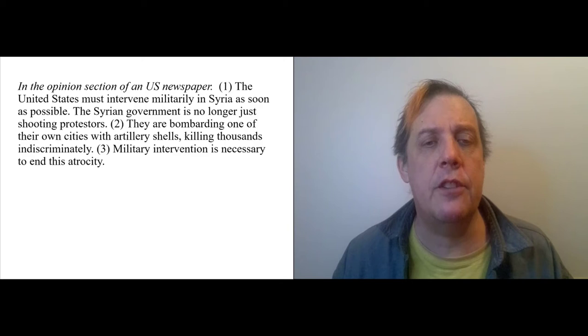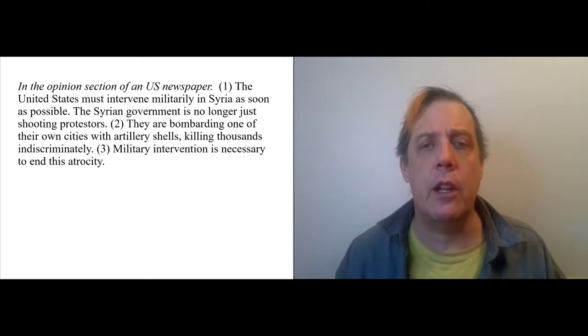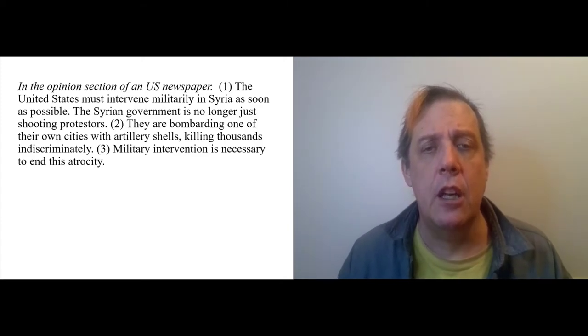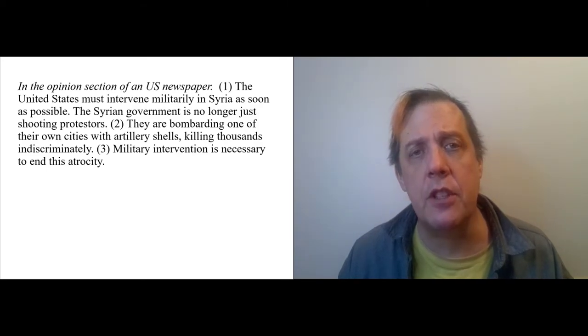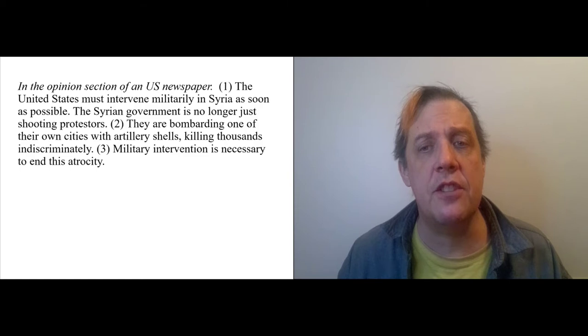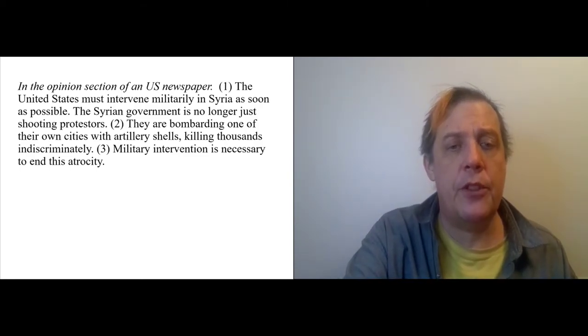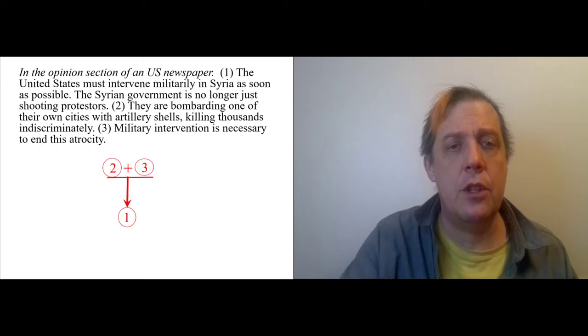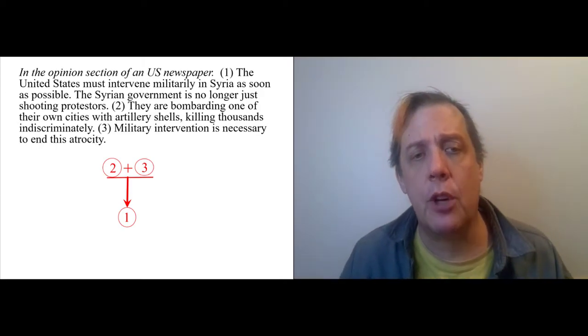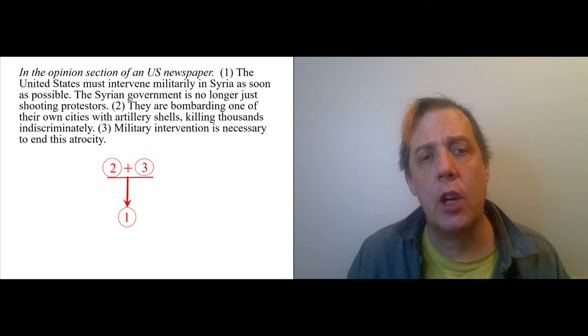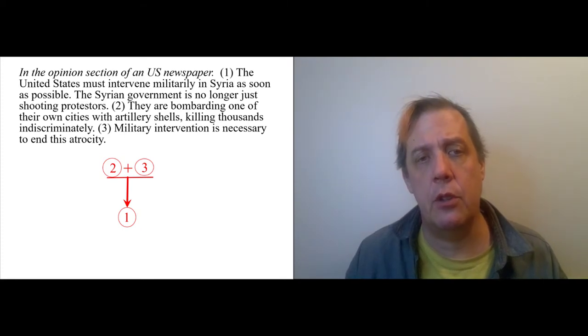But it's clear that the description of what's going on in Syria is all meant to be evidence for the conclusion that the United States must intervene militarily. So that's in statement 1. The other thing to see about this argument is that really the two statements, the two premises 2 and 3, work together to reach the conclusion.